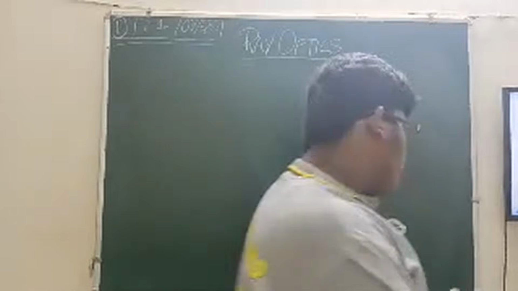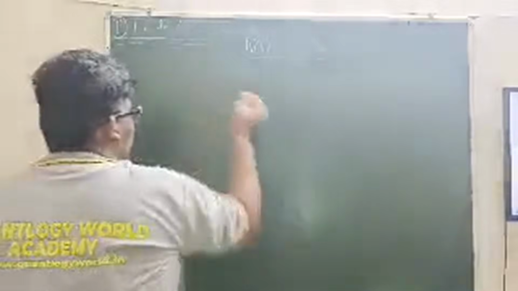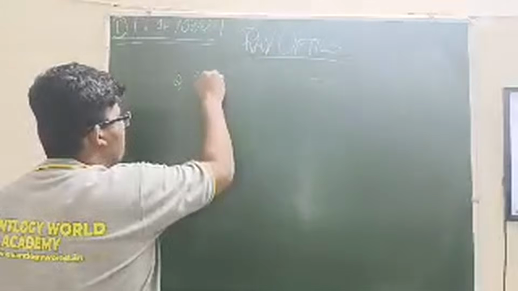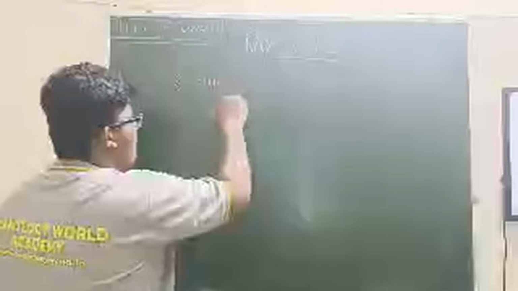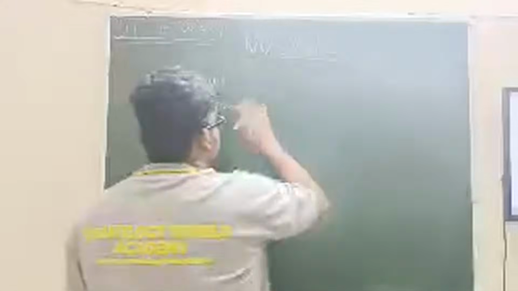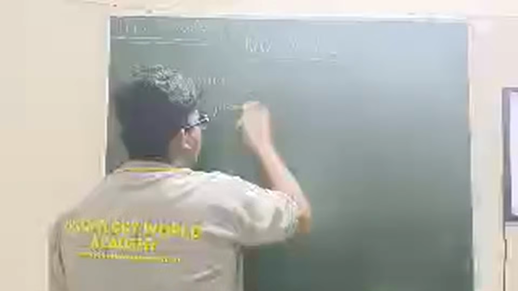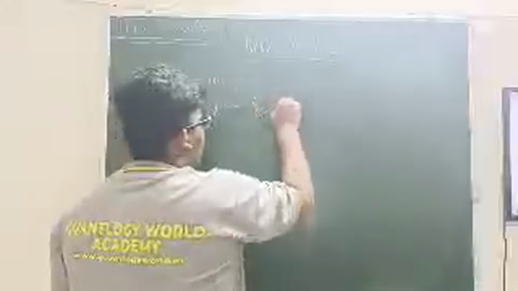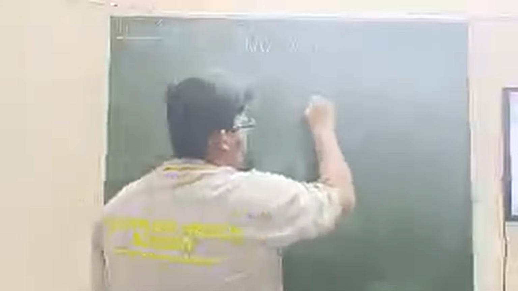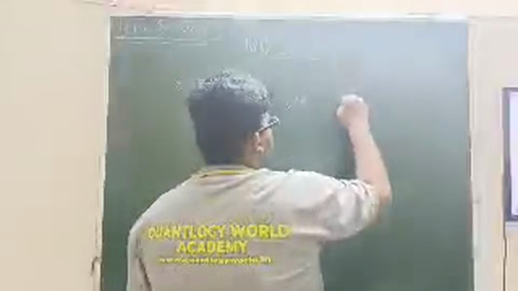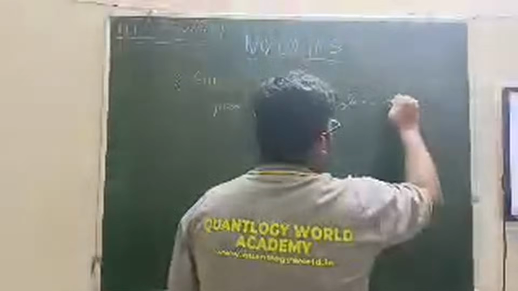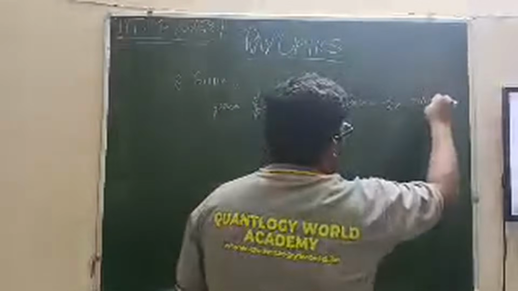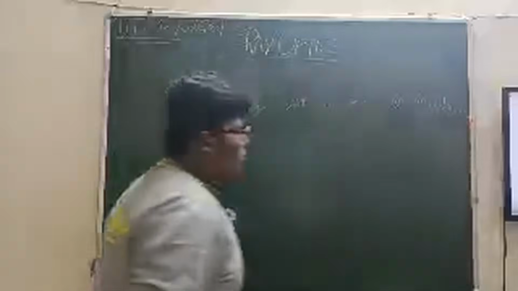Next one is to solve a numerical question. Given: speed of light in glass equal to 2 into 10 to the power 8 meter per second.